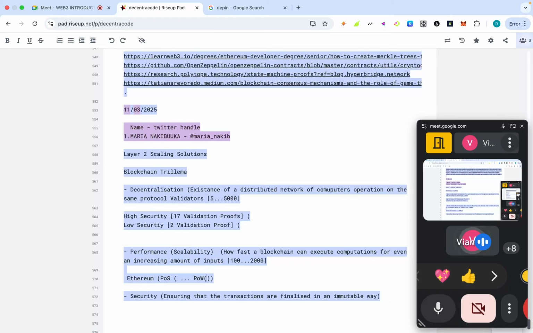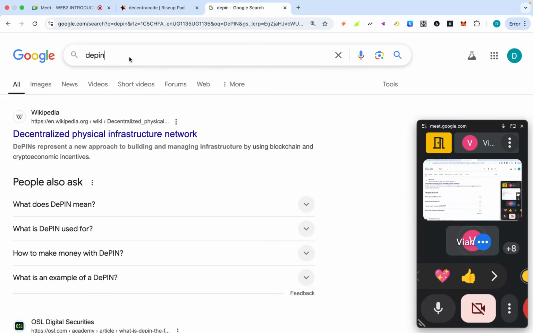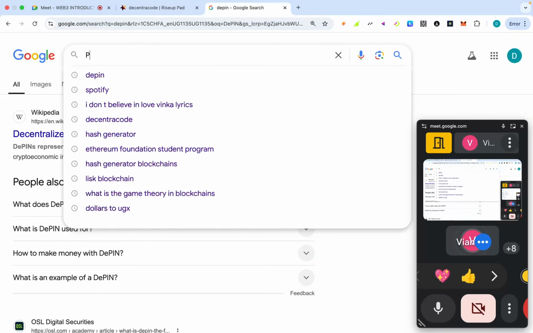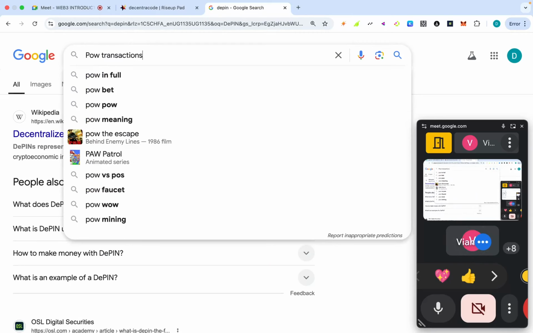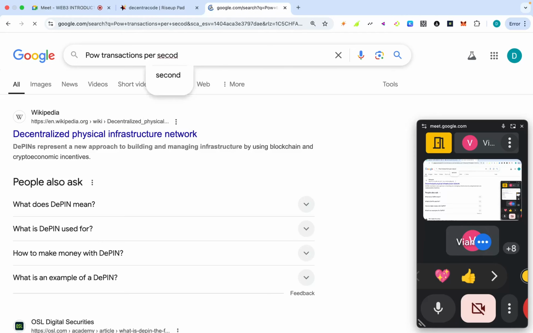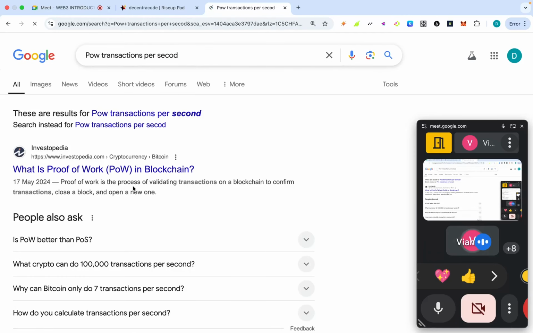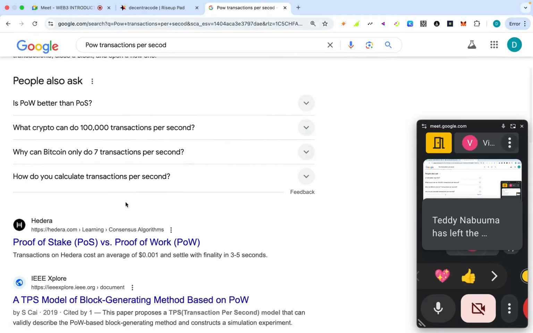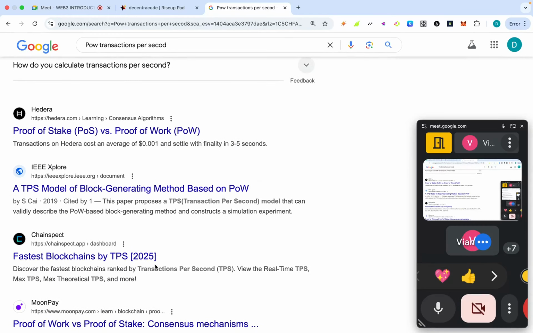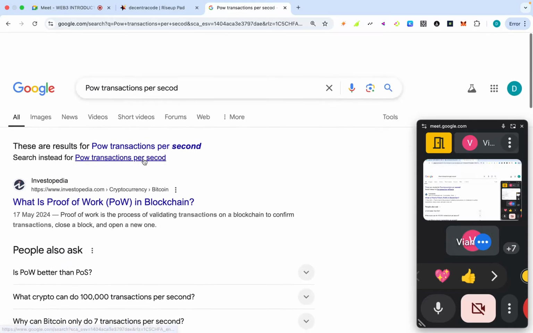So the hypothetical amount of transactions that can be processed in a single second in a proof of work consensus mechanism. Let's look at it. Transactions per second.